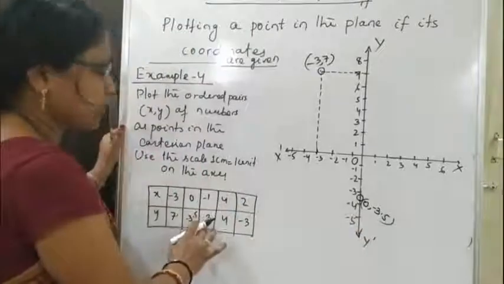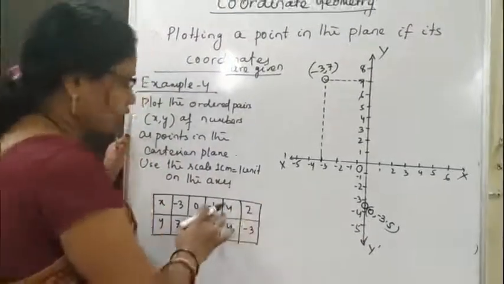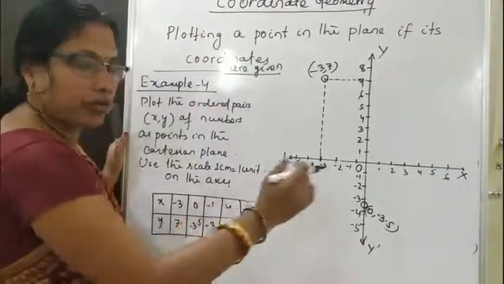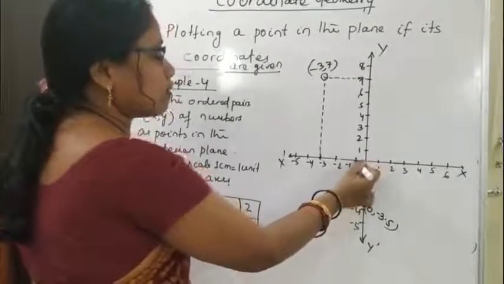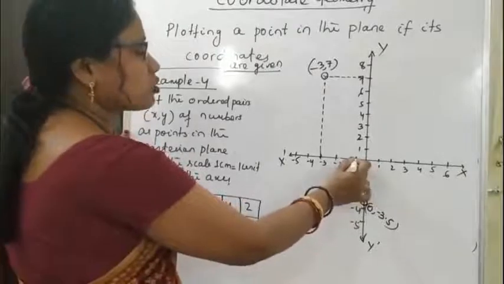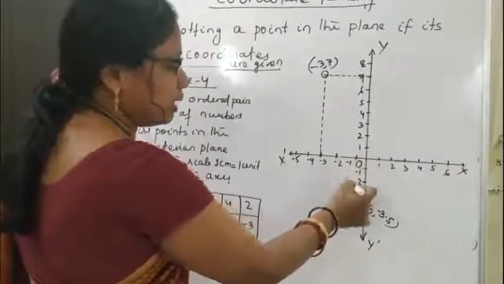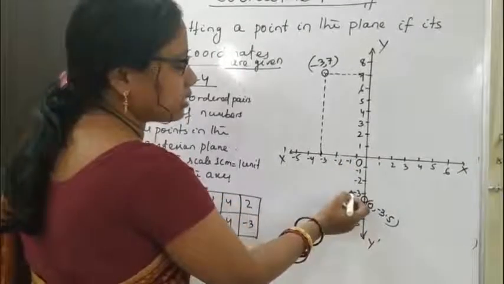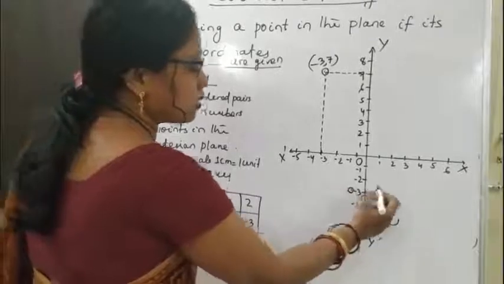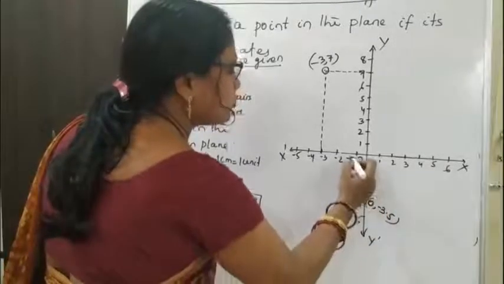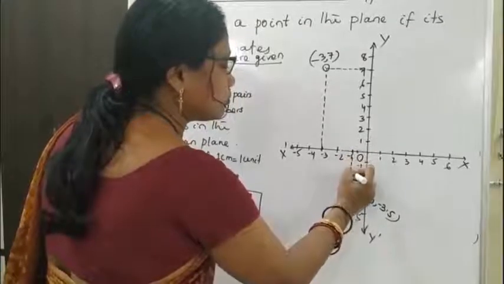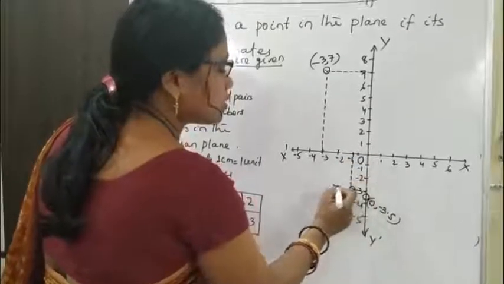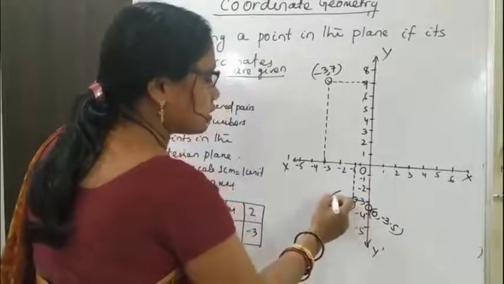So next is (-1, -3). -1 is the x coordinate, so we will move along the x axis towards the negative direction. So this is our -1. Then -3 along the y axis towards the negative direction. So this is -3. So this is (-1, -3).